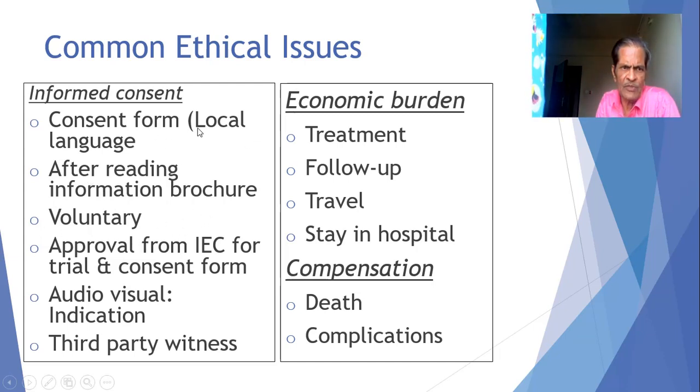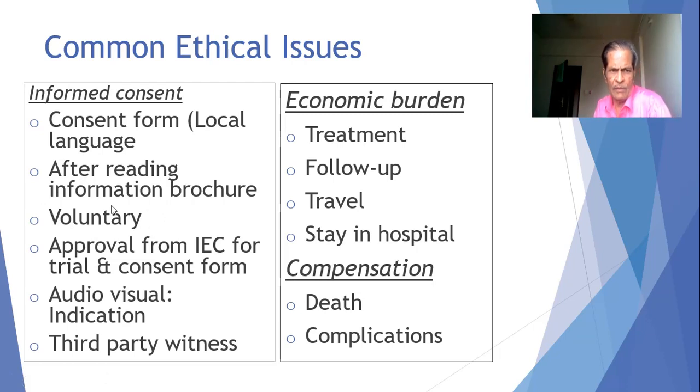The information brochure should be given to the participant prior to signing of the consent form, and the signing should be voluntary. No form of pressure should be exerted on the participant for participating in the study. So this consent form and the information brochure should be approved by the Institutional Ethics Committee.